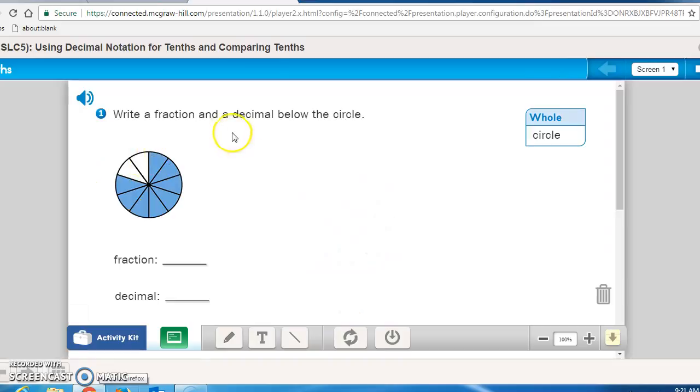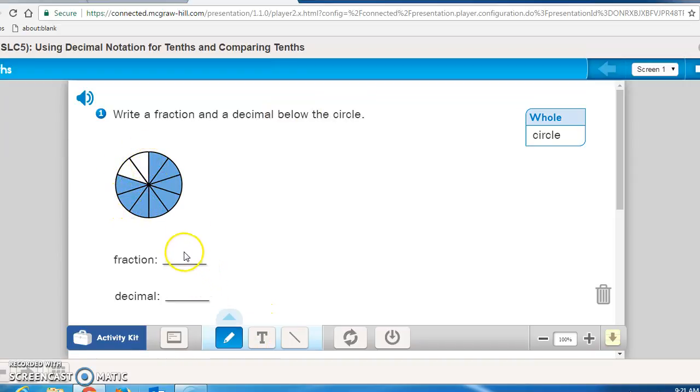So write a fraction and a decimal below this circle. We are looking at Math Journal, page 89. So I'm going to help you with this first one. Okay? So write a fraction and a decimal below. So let's count. 1, 2, 3, 4, 5, 6, 7, 8, 9, 10.